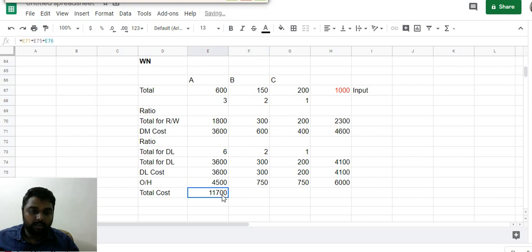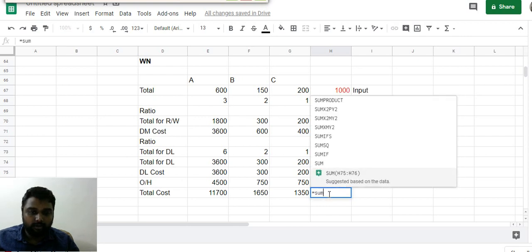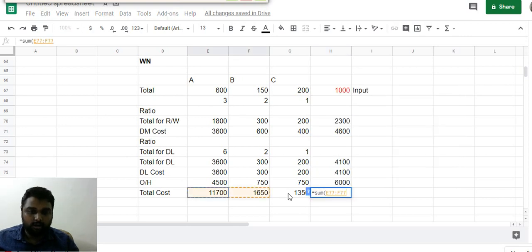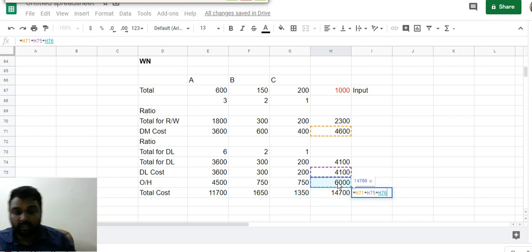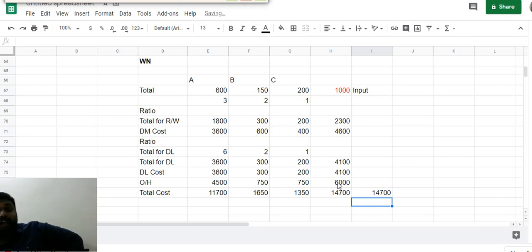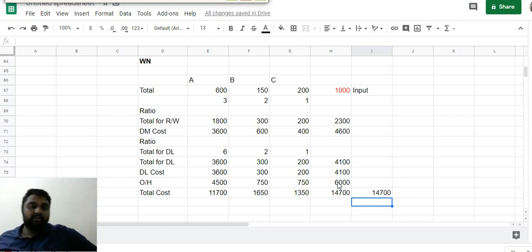The total of all these three has to come to the total given in the question. That is 4,600 plus 4,100 plus 6,000. This is one speciality: if your total is tallying, that means your answer is correct.